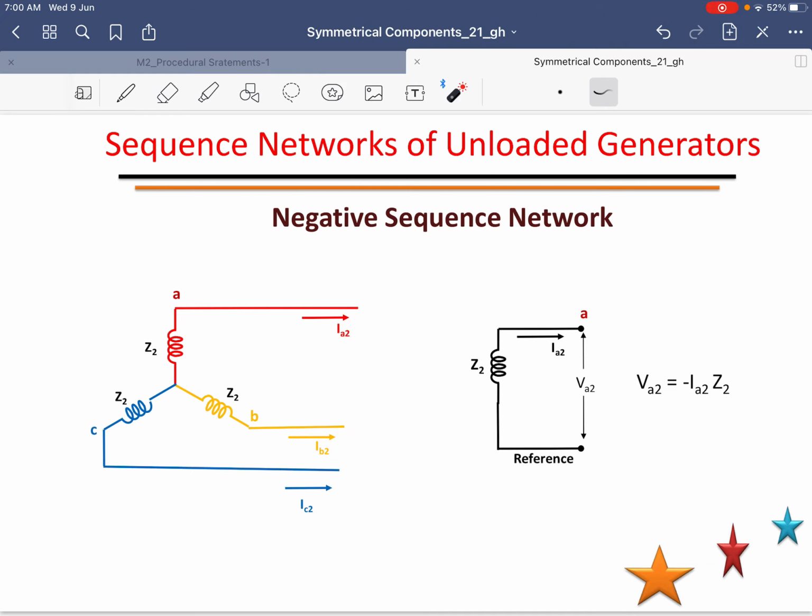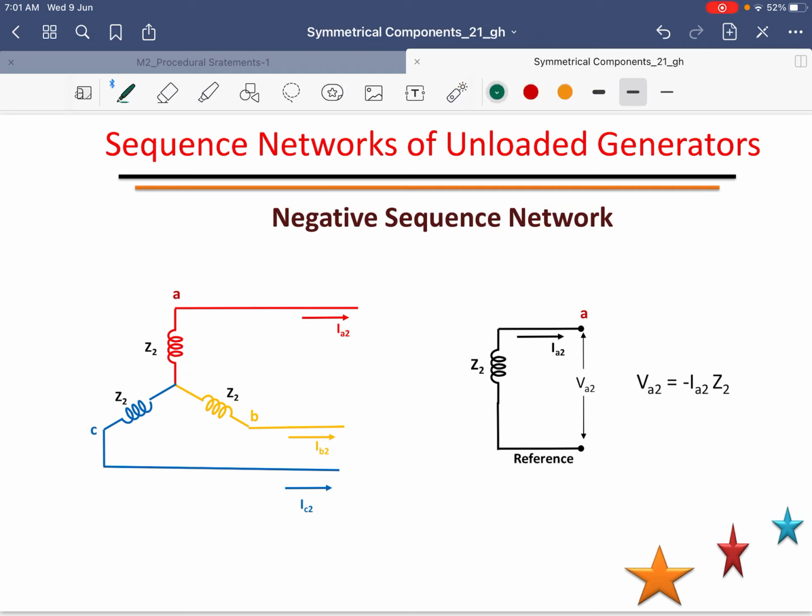In the negative sequence network, you don't have any voltage source. It is only represented by its negative sequence impedance, therefore it is Z2, Z2 and Z2. Once again, this network is balanced in nature, so it can be represented on a per phase basis. That network is called the negative sequence network.